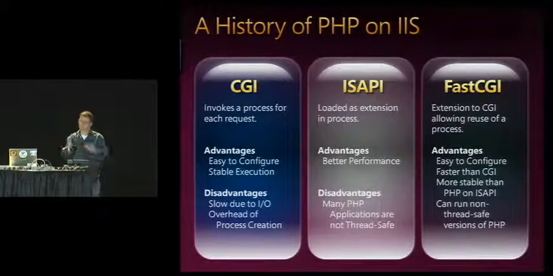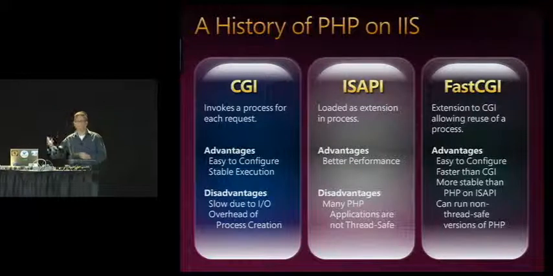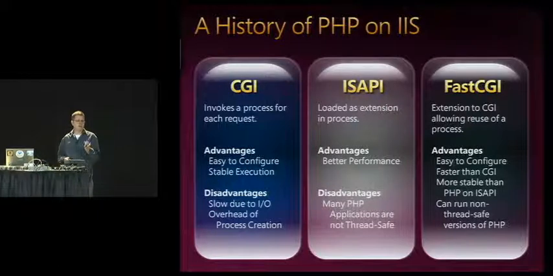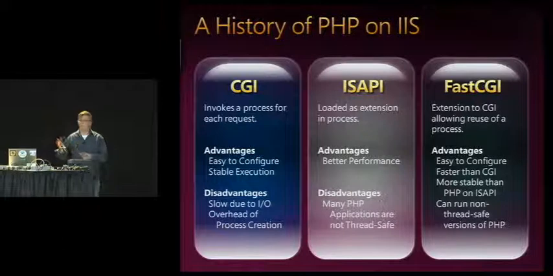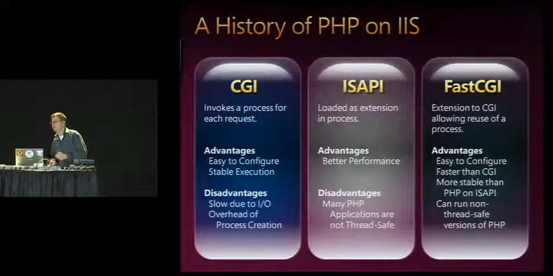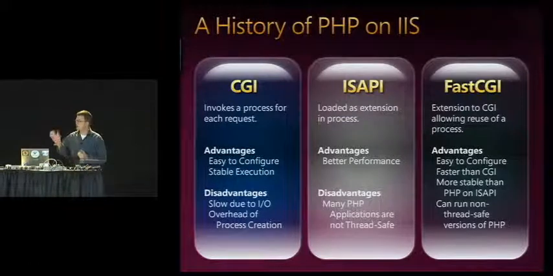So each connection doesn't have to start a new PHP process. We can reuse it. The nice thing is we get that stable single-threaded environment that PHP needs, but we also get great performance because we're not taking that hit on every request, starting and stopping that process. So this really is the recommended way for you to begin configuring your PHP applications on Windows moving forward.